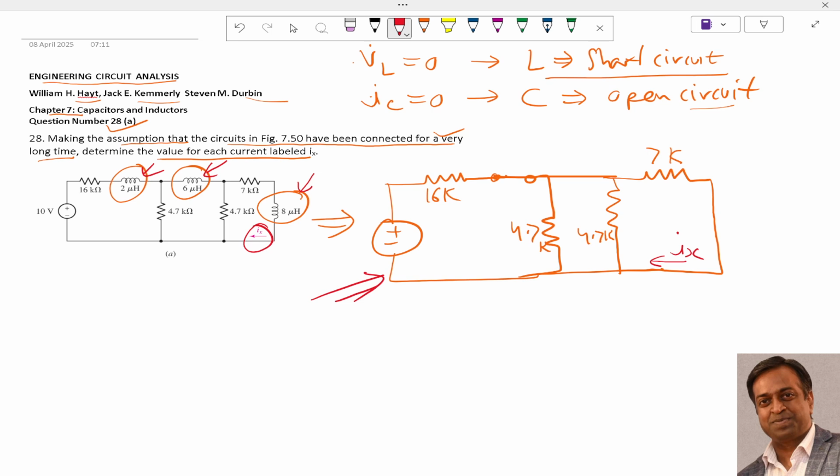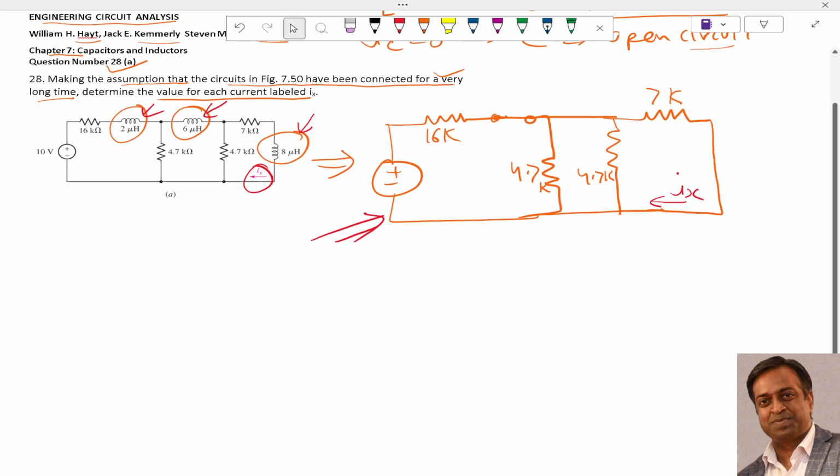Now simply by using any theorem, we can get the value of Ix. Over here, with the 10 volt source, let me use nodal analysis. Let this be node A, this be node B, and let B be the reference node. It means that the node voltage at B will be 0 volt.